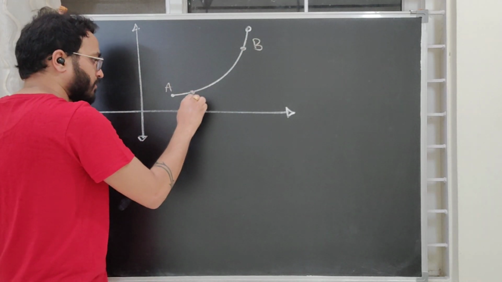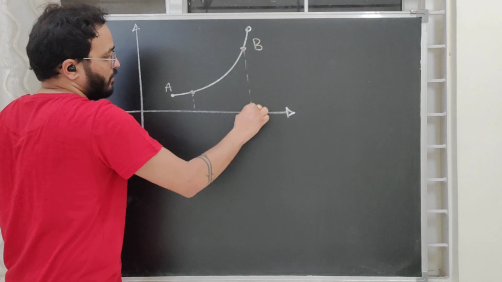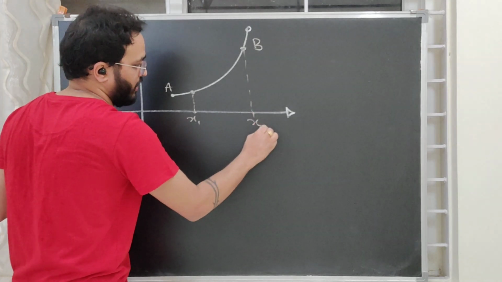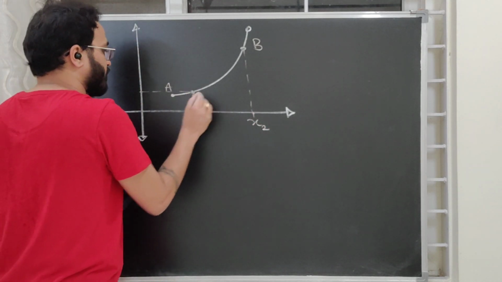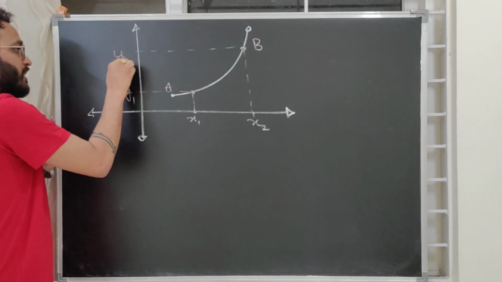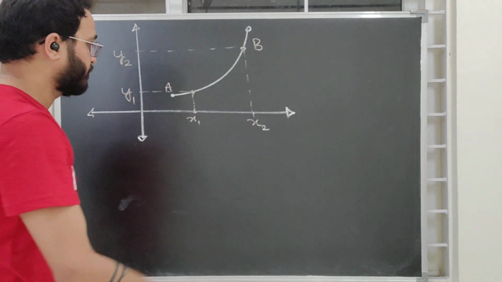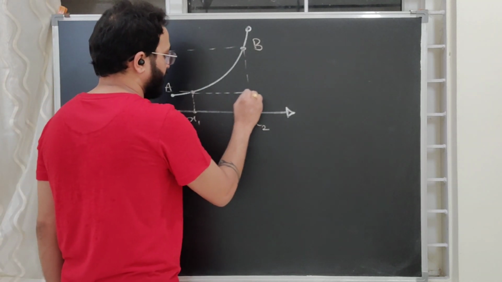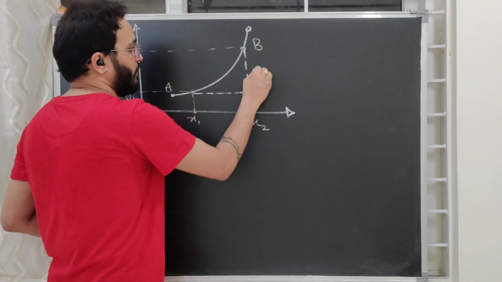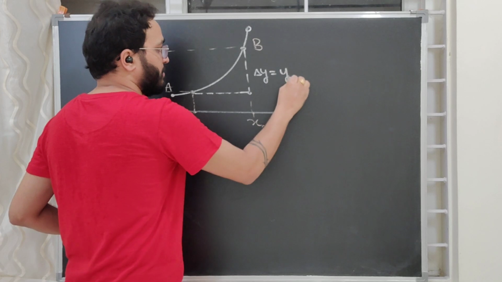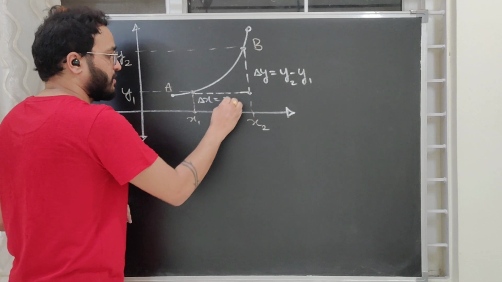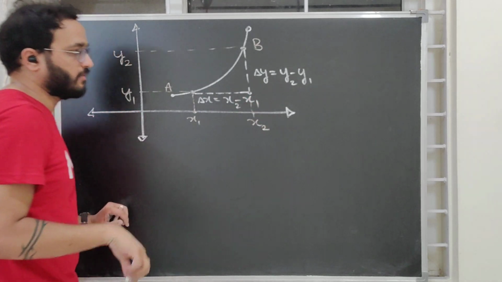Now, this point is x1, this point is x2, this point is y1, and this point is y2, right? Now, let me complete this triangle for you, because this will be delta y, which will be y2 minus y1, and this will be delta x, which will be x2 minus x1.